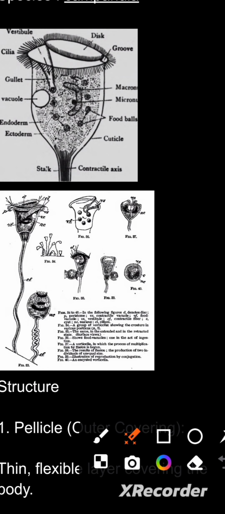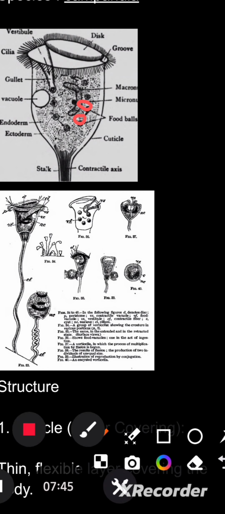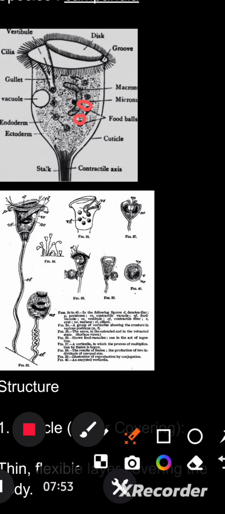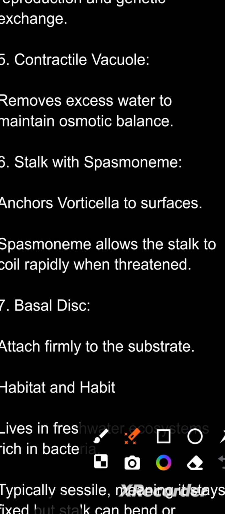Vacuoles are located here, but in this diagram contractile vacuoles are not shown clearly. Contractile vacuole removes excess water to maintain osmotic balance.